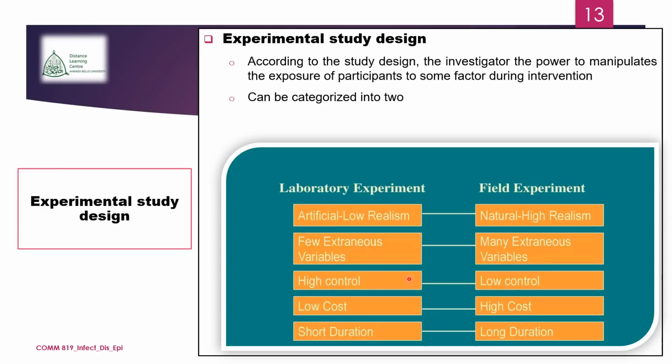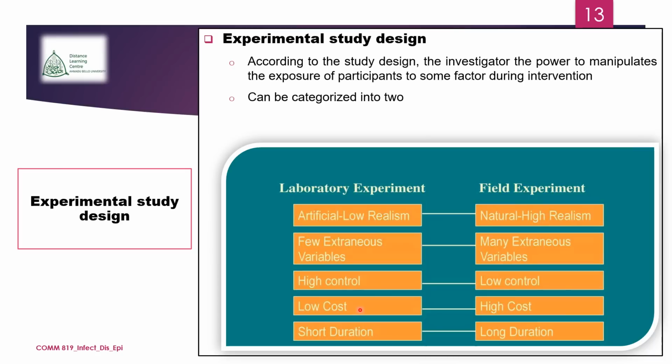Then lab experiment is characterized by high control, because it's under a controlled environment, while in a field environment you can't control other external factors, so usually the control is low. Then generally for laboratory experiments you don't need to spend much, and usually they operate at low cost, though not all.